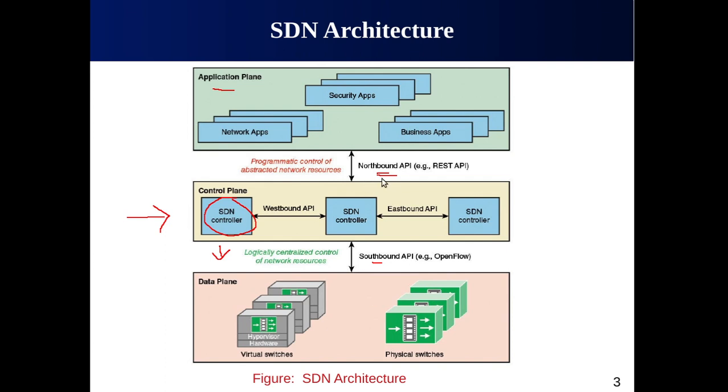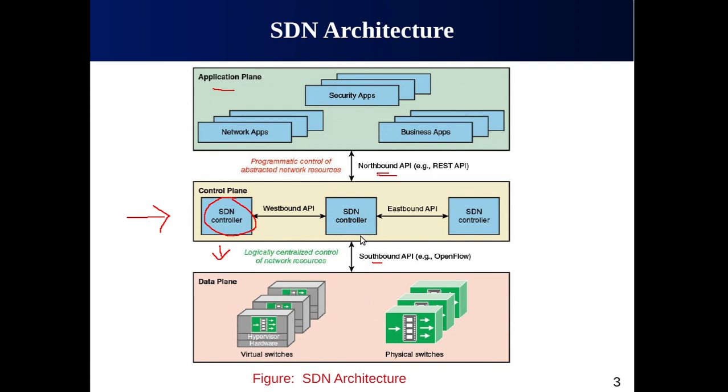This interface also enables the developer to create different types of application software that are independent from the data plane, and it provides a great extent of reusability, so the application would be able to run on different SDN controllers or different servers.